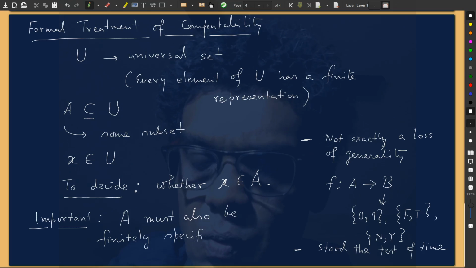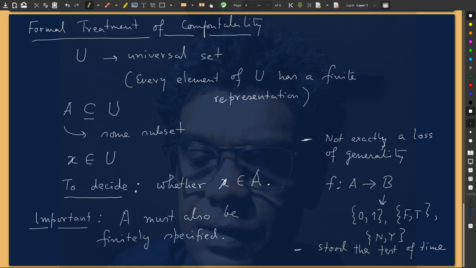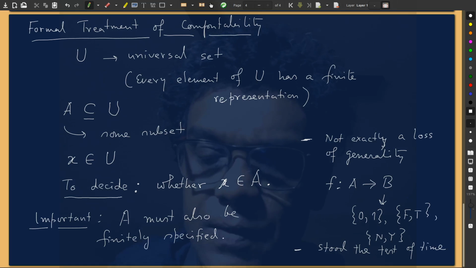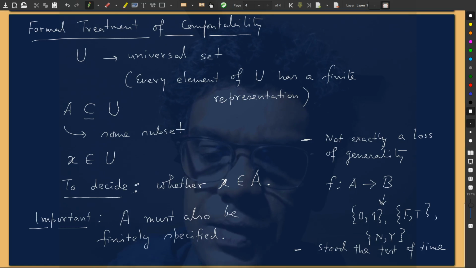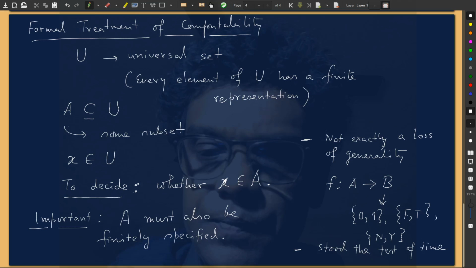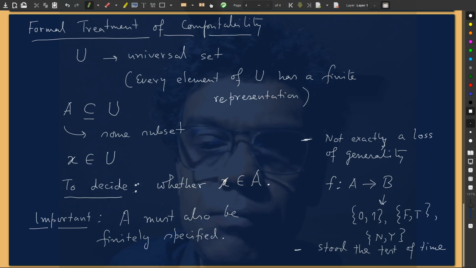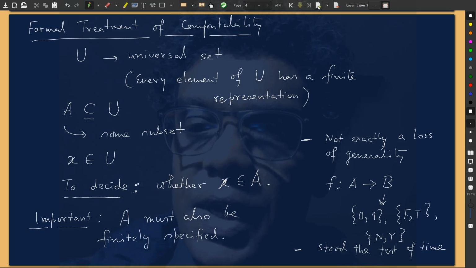I will come to some examples to explain what is meant by some subset being finitely specified. Then you are given an arbitrary string x of U. Your task is to decide whether that string x is a member of A. For that, you have to use the finite specification of this set A. Fine. So, this is broadly what we will do.